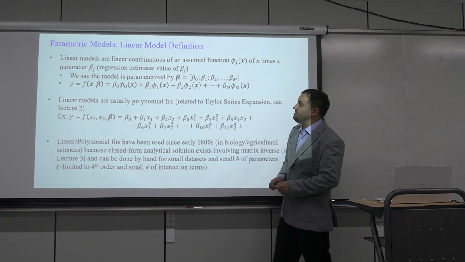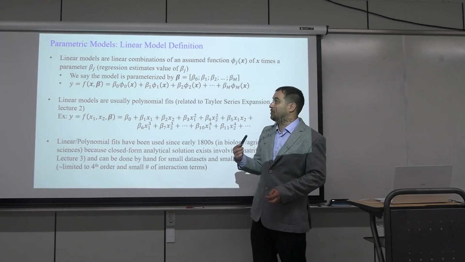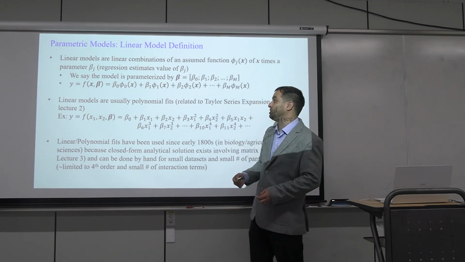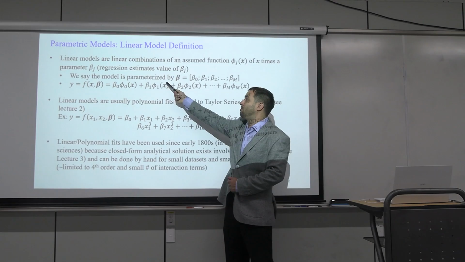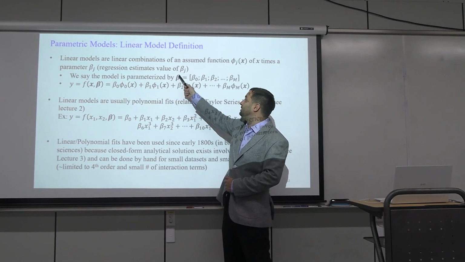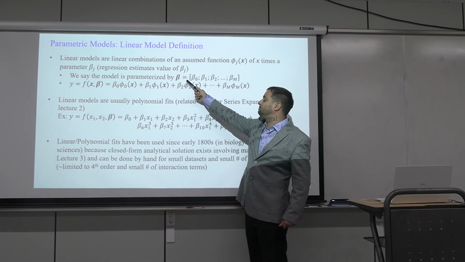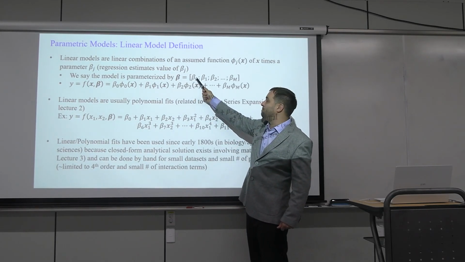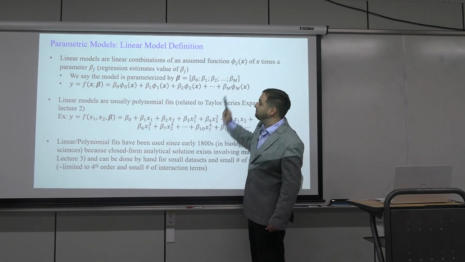In this situation, the reason why we call this a parametric model or a parametric regression is that we say the model is parameterized by the parameter beta, which here is a column vector: beta naught, beta 1, beta 2, to beta m.